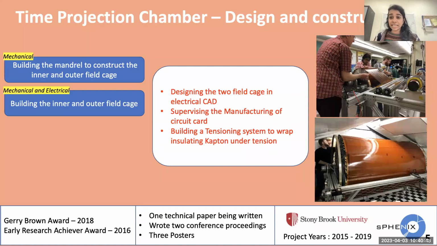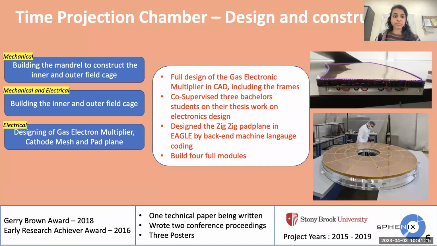Next, in electrical CAD, I designed the two field cages and supervised the manufacturing of these circuit cards. The insulating layer of this TPC was a solid layer of Kapton, which was wrapped multiple times on the cylinder. This entire tension rod system, where the Kapton could be wrapped under constant tension, was the first big project that I contributed to for this detector.